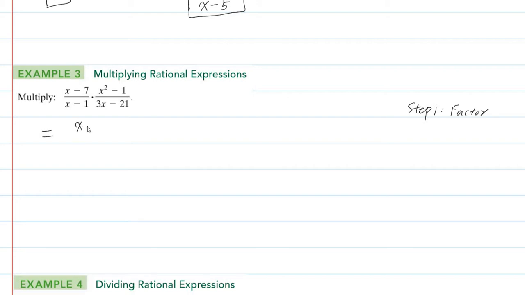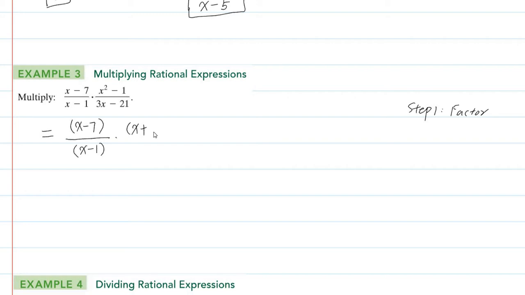For x minus 7, we cannot factor. We'll leave it alone. Also, we cannot do anything here. X minus 1, we'll leave it alone. And now we'll look at this part. X squared minus 1. You're going to factor this. It's the same form as a squared minus b squared.